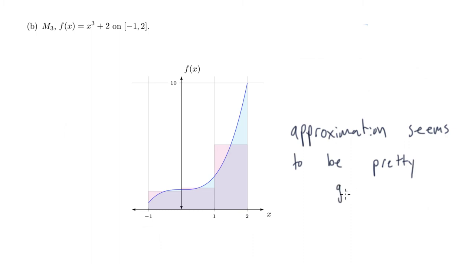And again, the reason I'm saying that it seems to be pretty good is that we are both overestimating and underestimating in approximately the same amount. Of course, it's very unlikely that it's exactly the same, but it looks pretty good. So that's just a way we can qualitatively analyze the approximation by just looking at the graph geometrically. What does it look like it's doing?